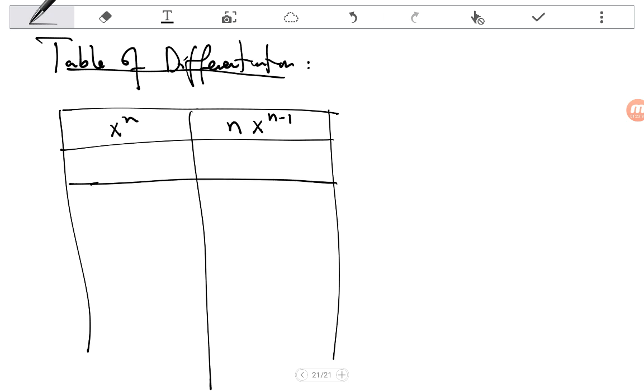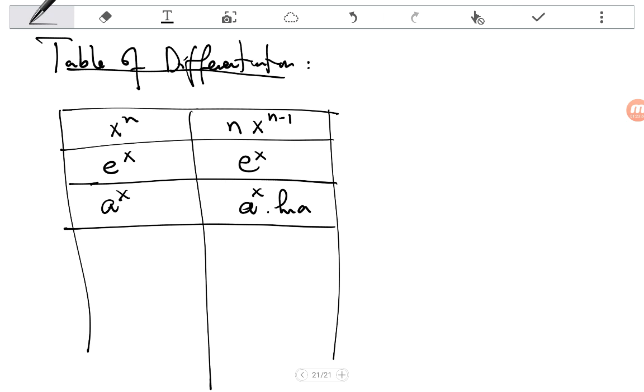For the exponential, when I say e to the power x, its derivative is exactly the same, and that is why e to the power x is special. Also, for a to the power x, its derivative is the same but multiplied by ln a, the ln of the number that took the place of e.